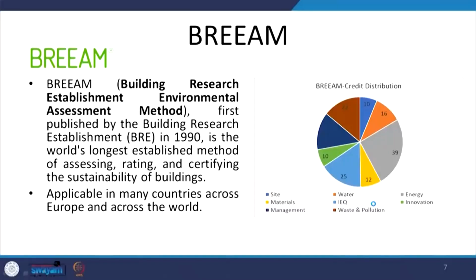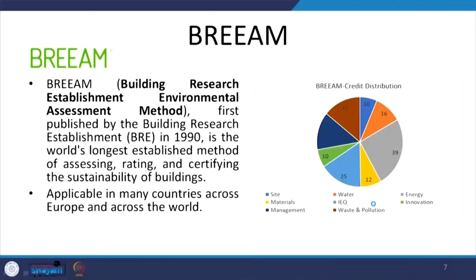Let us go over each of these rating programs very quickly and see the emphasis which is being placed on different green building components, the broad categories which the first slide of today's presentation showed. So, BREEAM is the oldest one, and it started in the UK in 1990, as we just saw, and now it is applicable in almost the entire Europe and many other countries across the world.